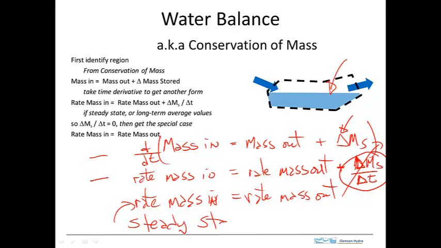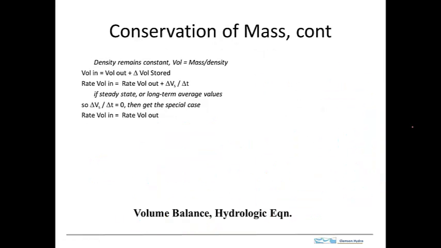So if we have a system that's at steady state, then the mass change within it is equal to 0, and the rate in equals the rate out. Okay, so we can make a change from this. We've done the mass conservation, but we'll typically in hydrology not use mass.